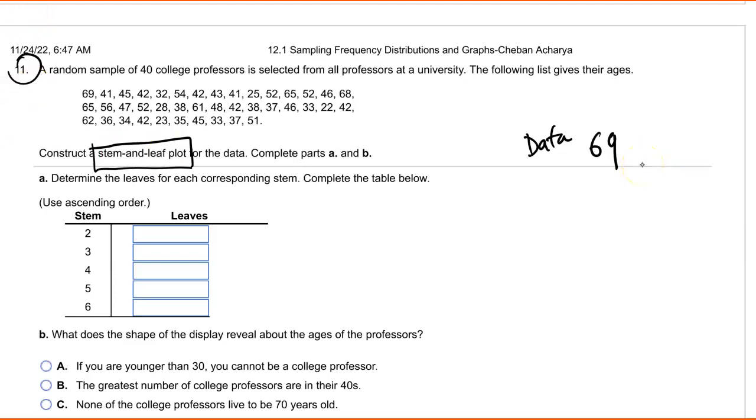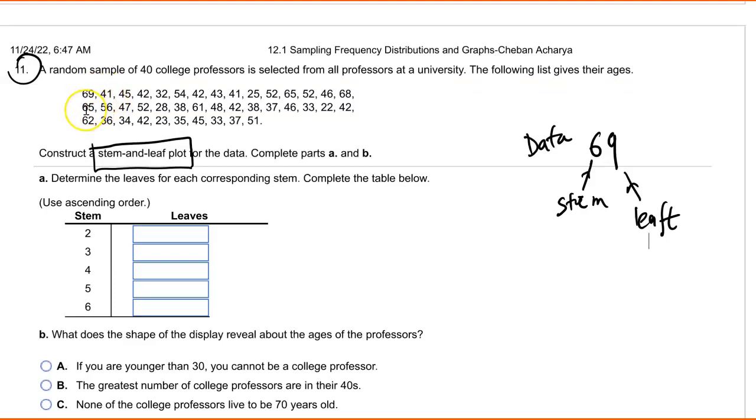In this data, 6 is called the stem, and 9 is called the leaf. Therefore, every data value has a stem and a leaf. You see that for 69, 6 is the stem, 9 is the leaf. For 41, 4 is the stem, 1 is the leaf.